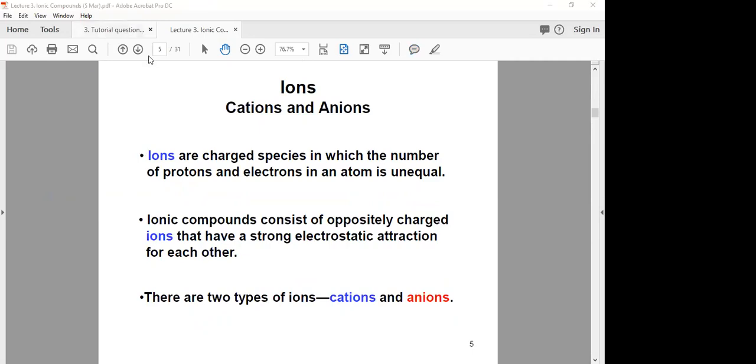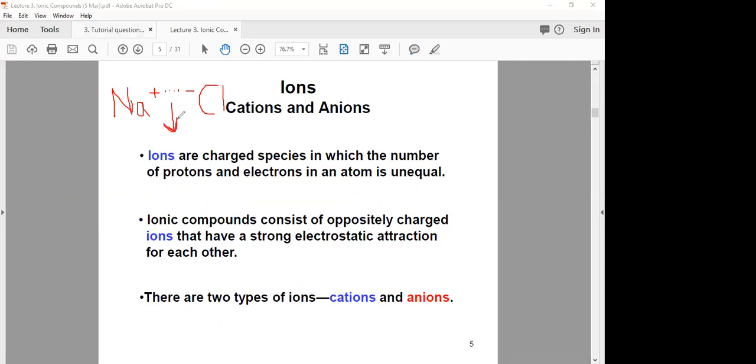If we have a sodium with a positive charge, and we have a chlorine with a negative charge, which we now call chloride, then that attraction is what we call an ionic bond.